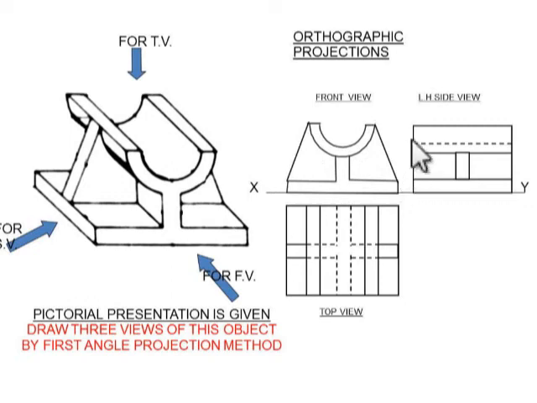And here you are having some lines which are drawn as dashed in the left side view and also in the top view. So what do these dashed lines represent? For example, if I'm taking this top view, if I'm seeing from the top, there is an edge over here. This edge is visible only up to a certain part. After this, the part hides the edge, and again I have to represent these edges.